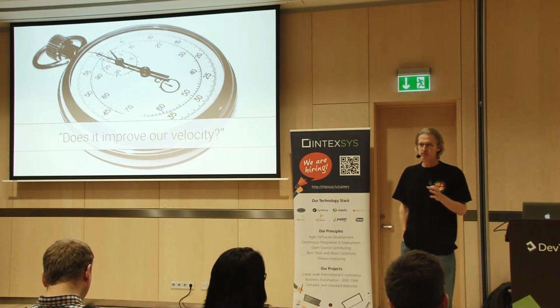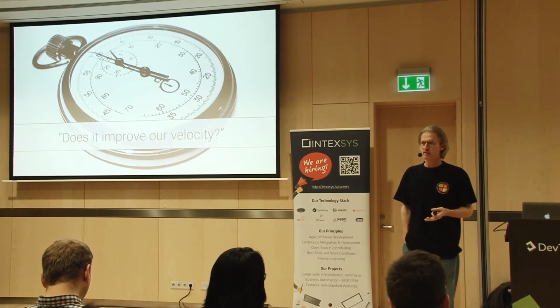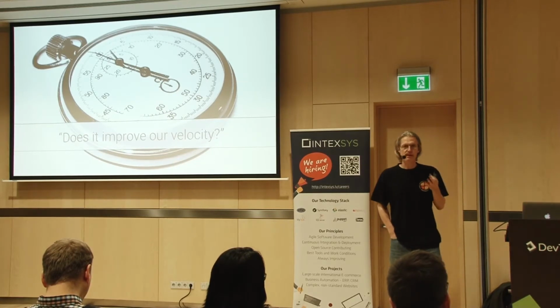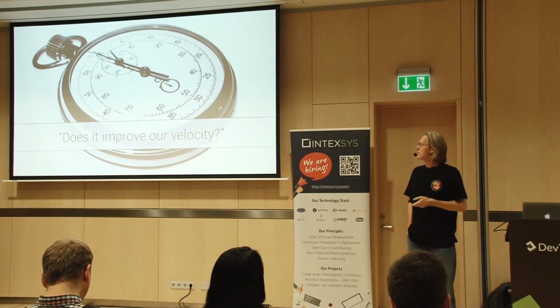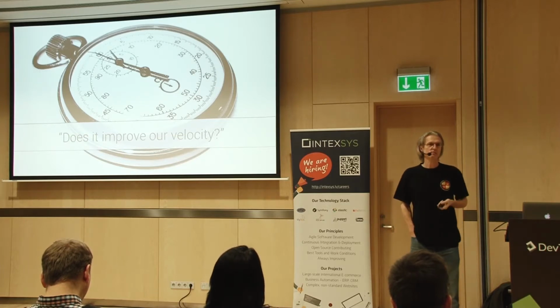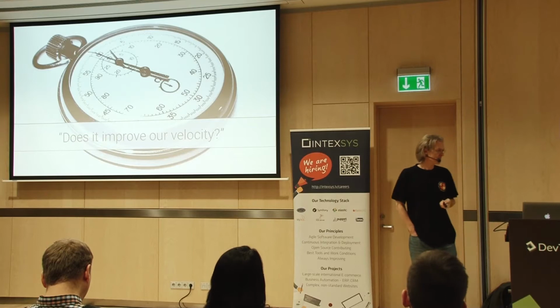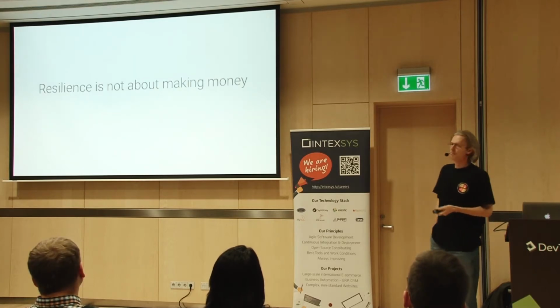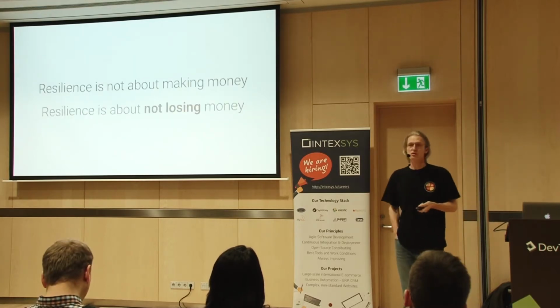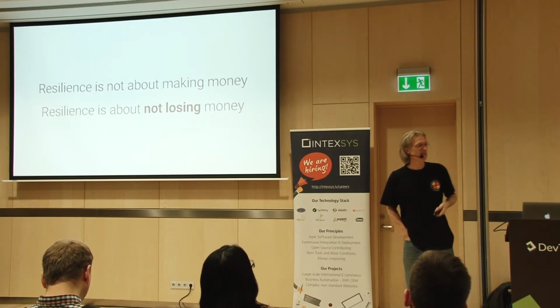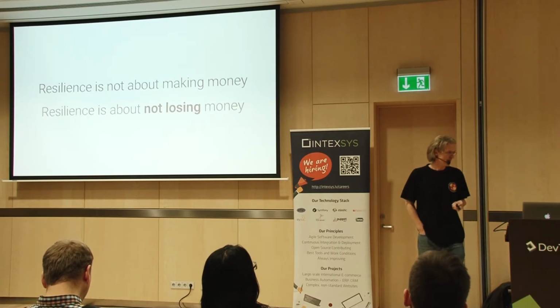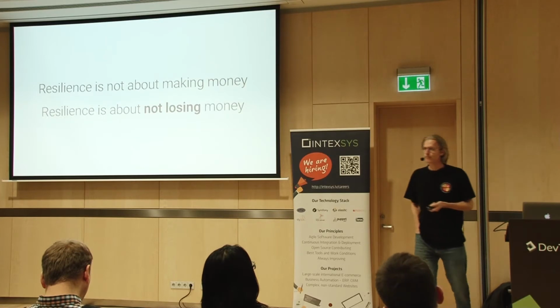The point is that they have to make commercial decisions, and we have to help them to make the right decisions. And the problem with resilient software design is, it's not about making money, it's about not losing money. So the business case is an inverted business case, basically. What do I mean with that?